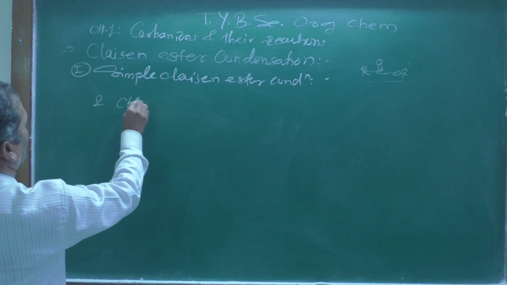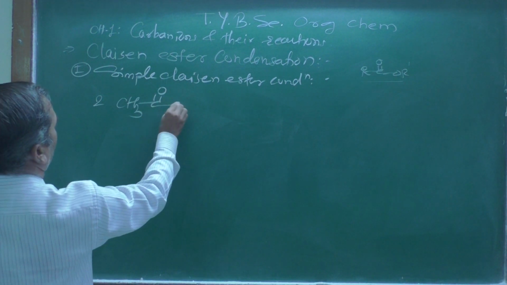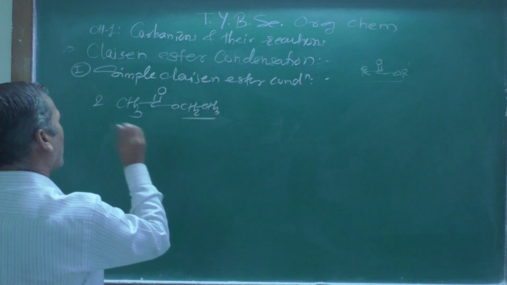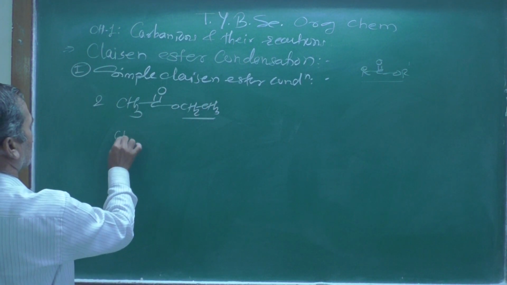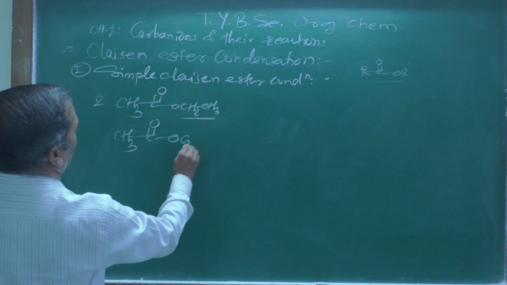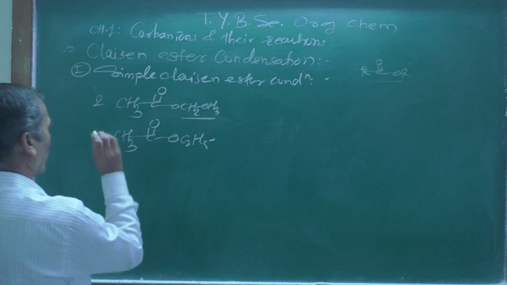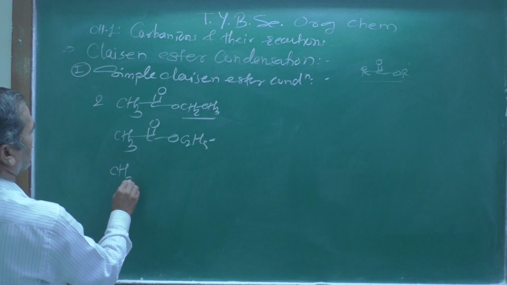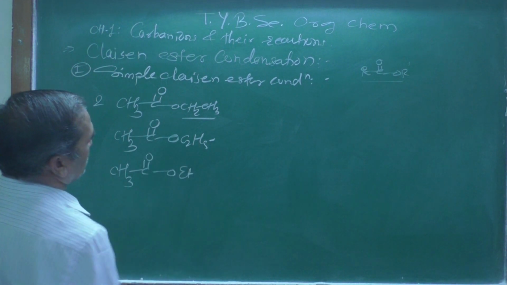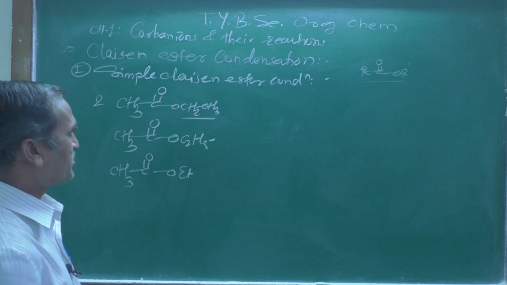This will be CH3, C double bond O, then O, CH2, CH3. I can write this compound in this manner also: CH3, C double bond O, then OC2H5, or maybe CH3, C double bond O, OEt. Et means ethyl group, one and the same thing.